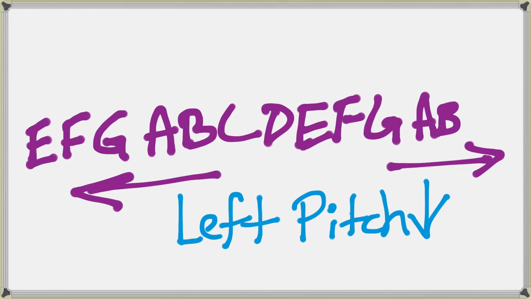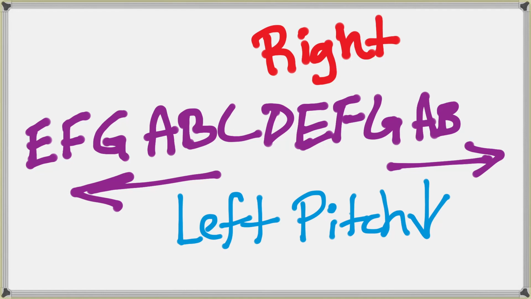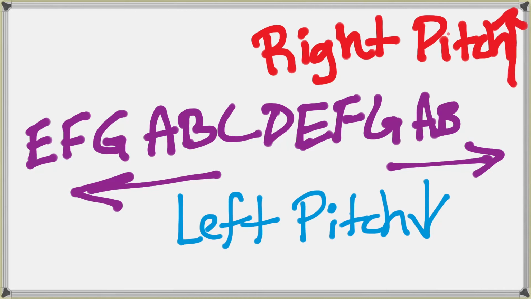And then as we go right, the pitch goes up. As we go left, the pitch of the note goes down. As we go right on the musical alphabet, the pitch goes up.